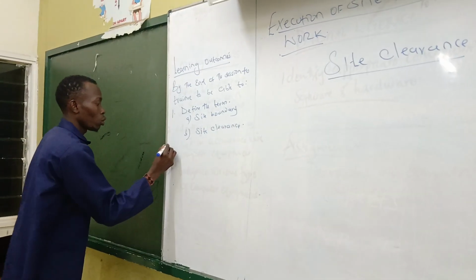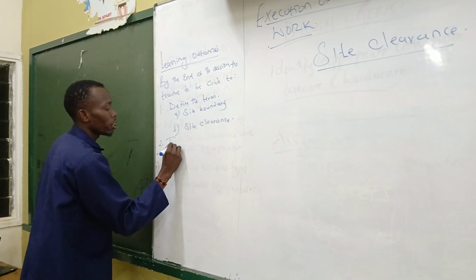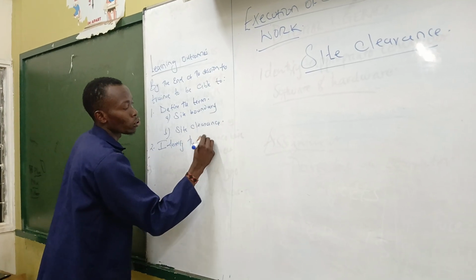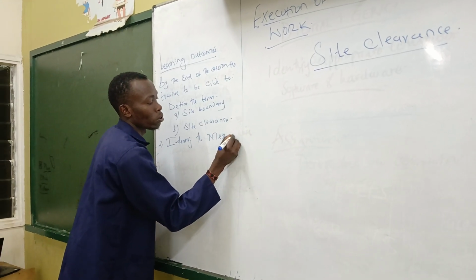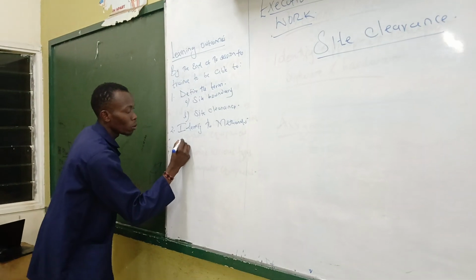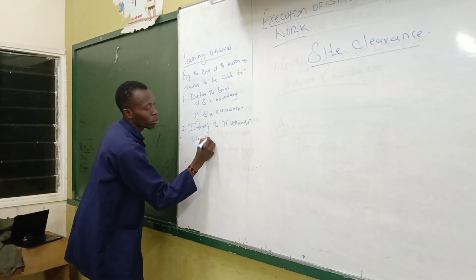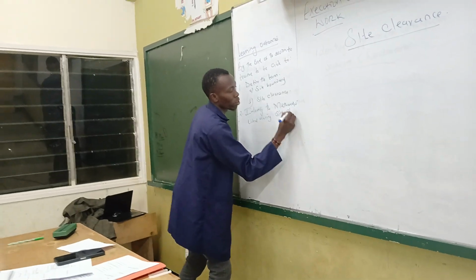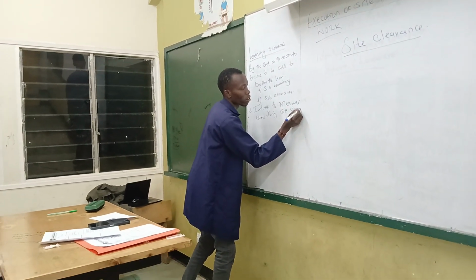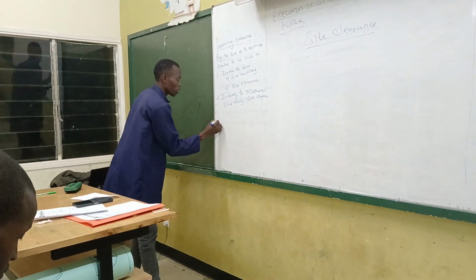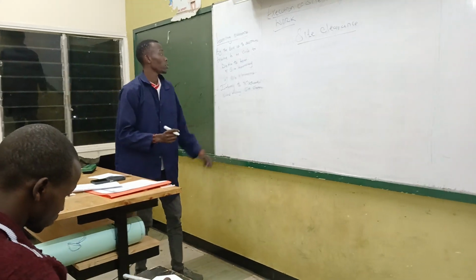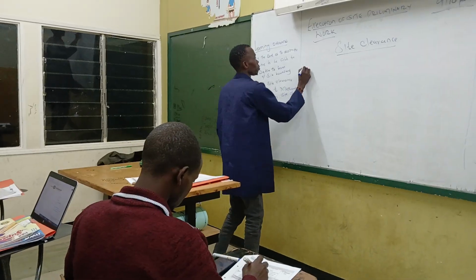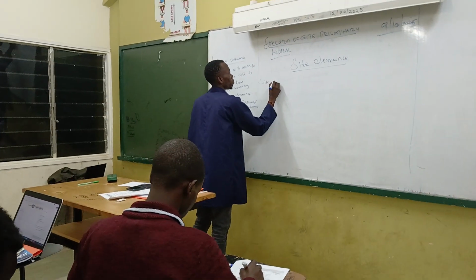Also, we should be able to identify the methods used during site clearance. It will be the end of our lesson after we learn about these two learning outcomes. First, let's define site boundary.